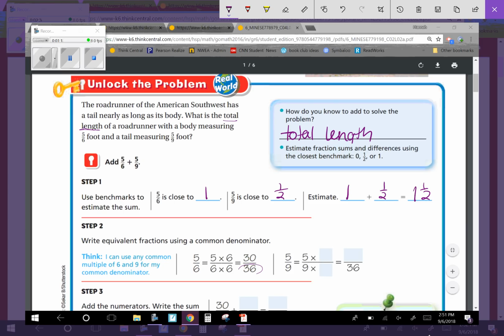So if I take 6 times 6 to get 36 as my denominator, I have to take the 5 times 6 also to get 30. And then on the second part, we have 5/9, which equals 5 times something and 9 times something to get 36 as my denominator. So 9 times 4 is 36. So then I have to take 5 times 4 also, which equals 20.